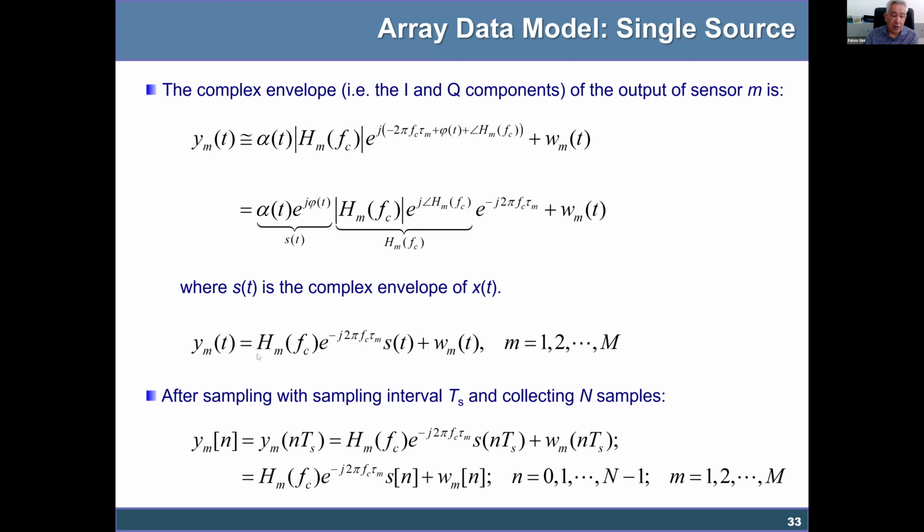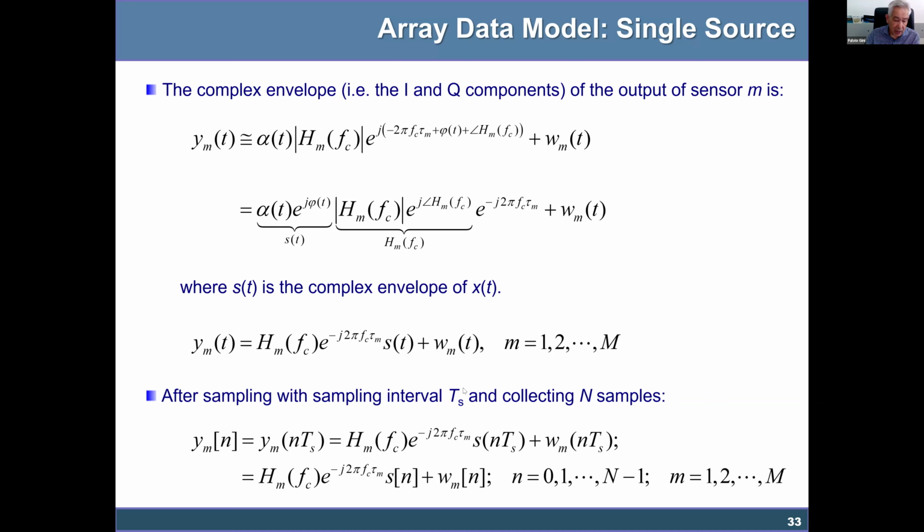At this point, at the output of each sensor, we extract the complex envelope. So we implement that operation that in signal theory is called demodulation. So we obtain the complex envelope. The real part of the complex envelope is called the in-phase signal. The imaginary part is called the quadrature signal.